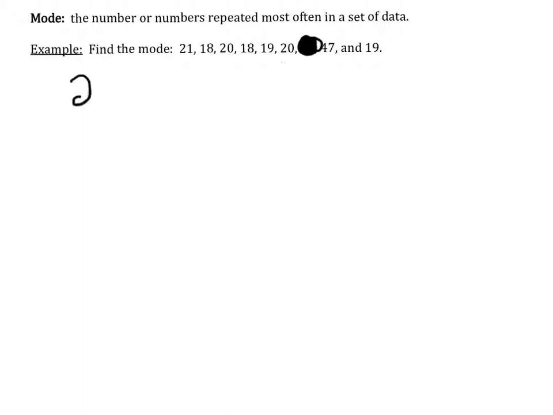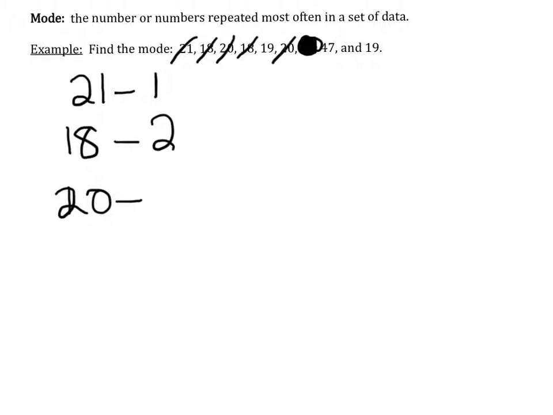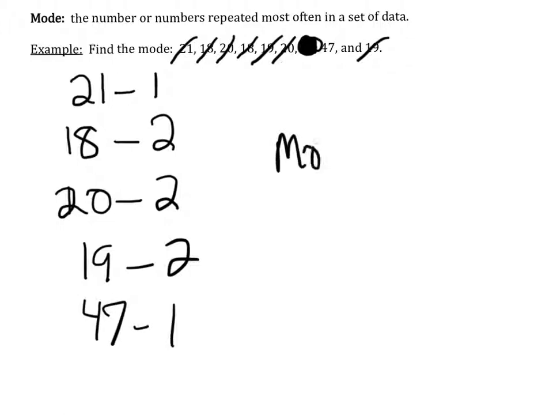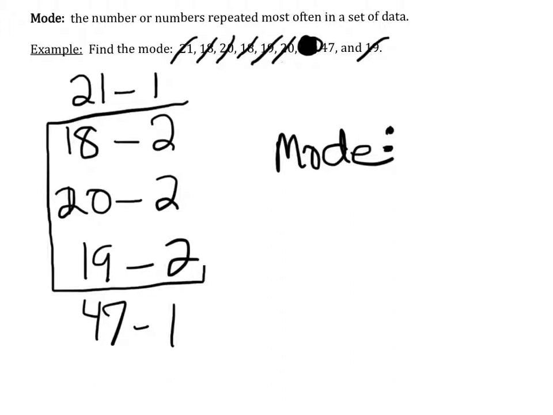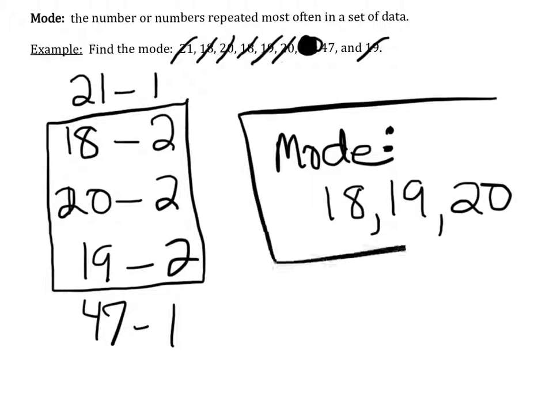I do the same thing. 21 occurs 1 time. 18 occurs 2 times. 20 occurs 2 times. 19 occurs 2 times. And 47 occurs 1 time. This time my mode is more than one number. 18, 20, and 19 all occur twice in my data set, so all of them make up my mode: 18, 19, and 20. This would be my solution. This concludes our study of basic statistics.